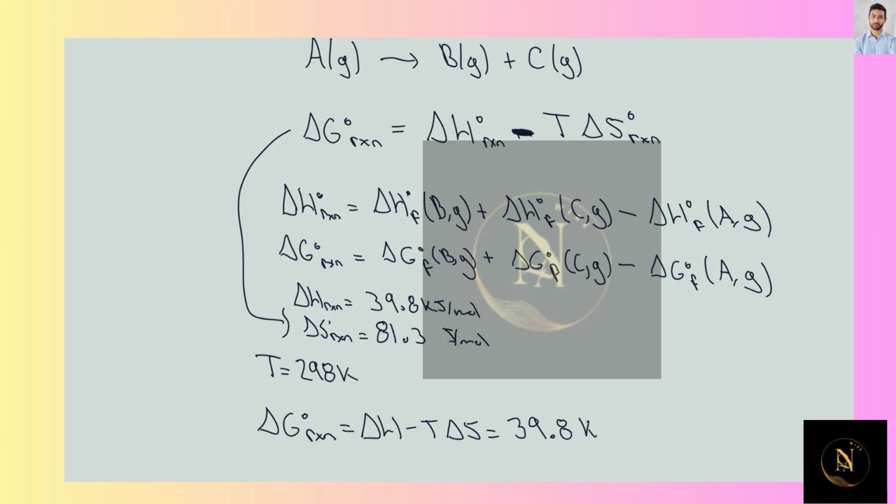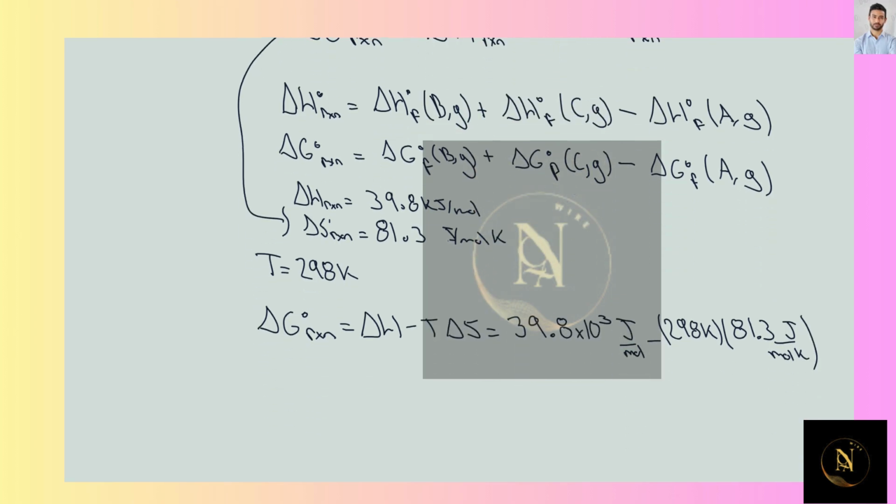So in order to convert this to joules, we can simply multiply by 10 to the 3 joules per mole, minus the temperature, in this case I am assuming 298 Kelvin, times delta S, that is 81.3 joules per mole Kelvin. Remember, entropies are always going to have units that resemble the ones for the gas constant.